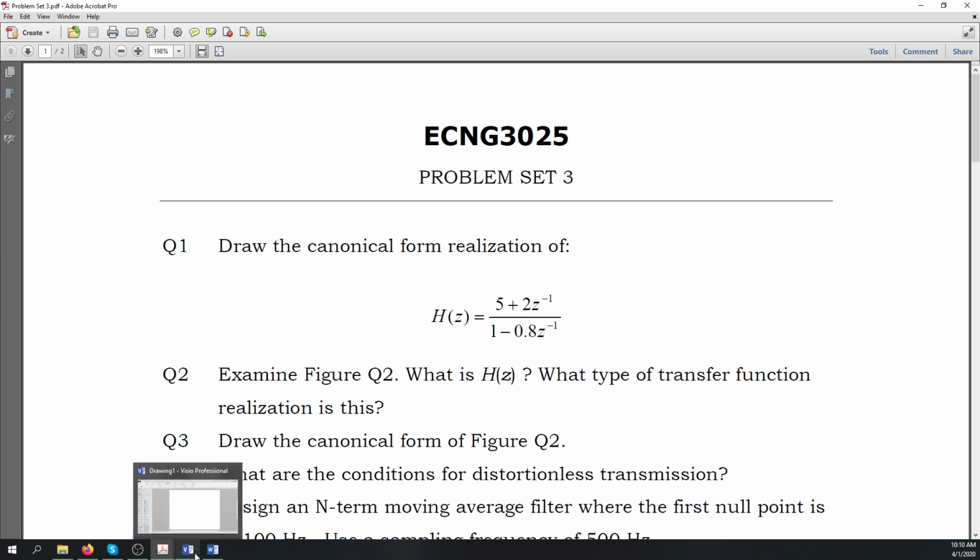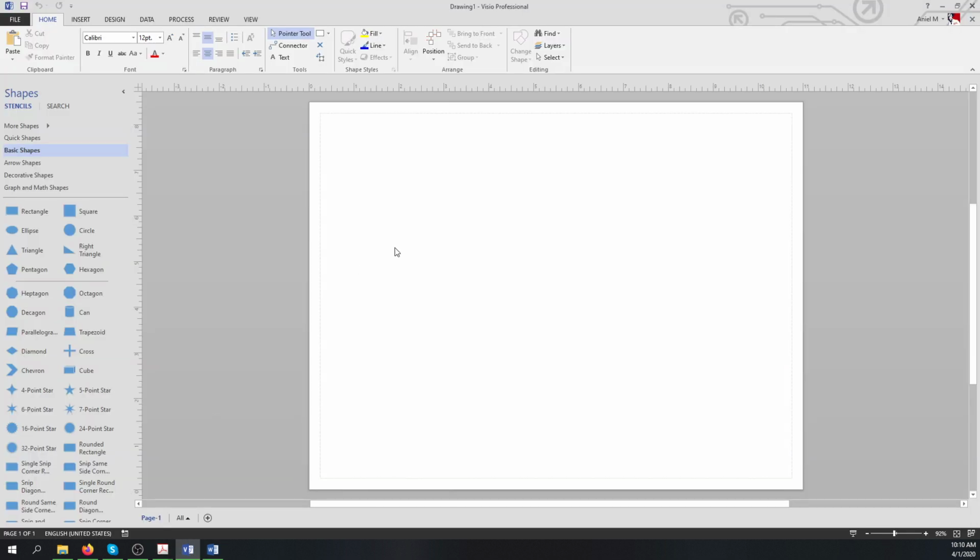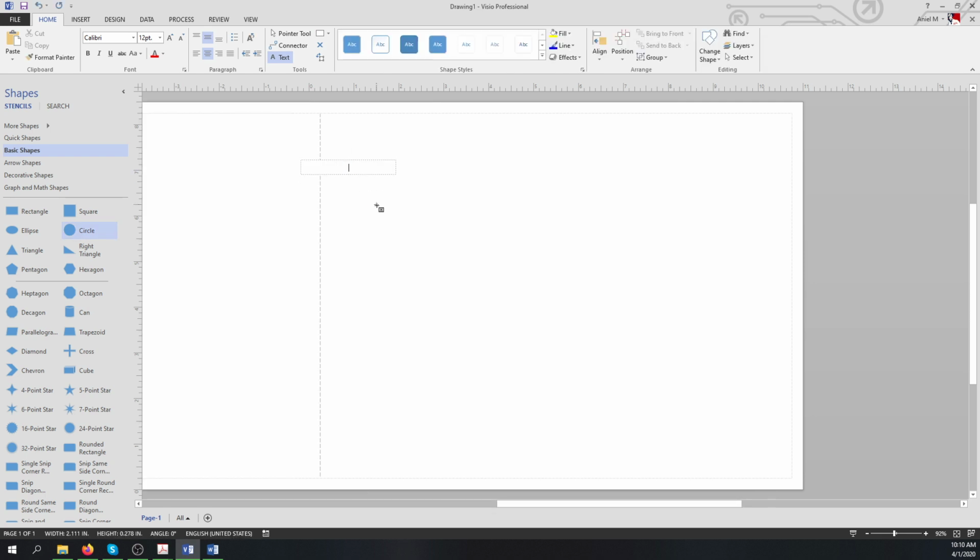As such, when we're drawing this, I have to use Visio for this. So we'll put our, let's see, where's my text box? Right. So we're going to put our X(z) here, and then we'll put Y(z) here accordingly.